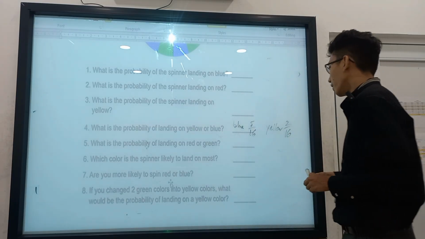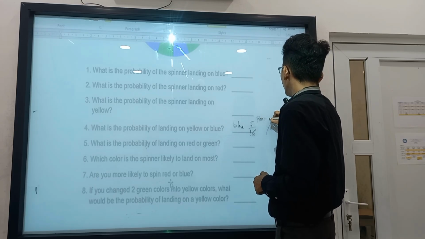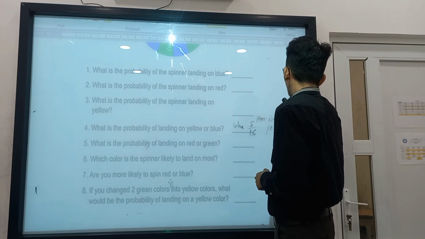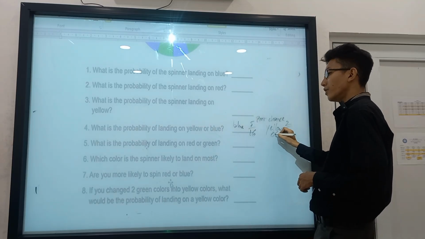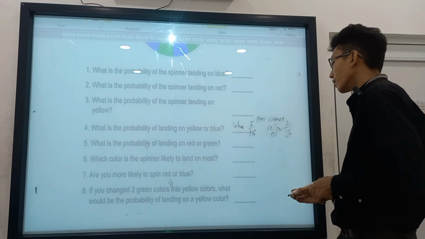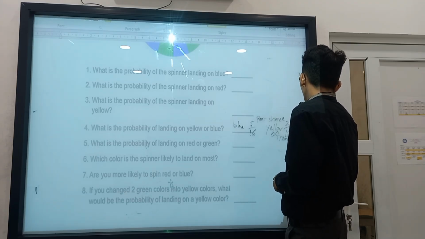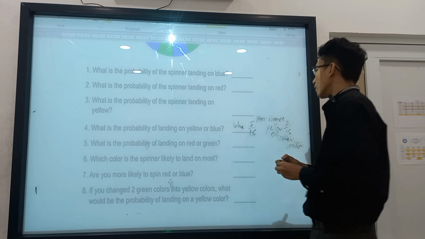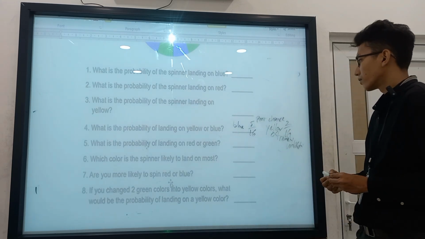So I think blue we can call two chains, while yellow is extremely unlikely. Can we go with that? Yeah, sure. Extremely unlikely because only 2 out of 16.